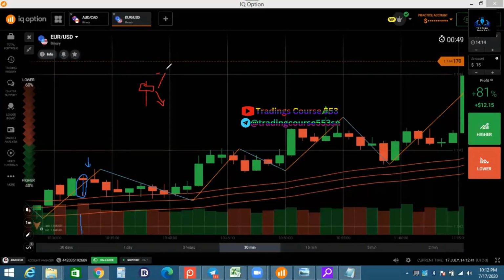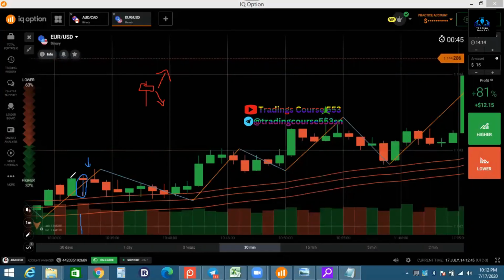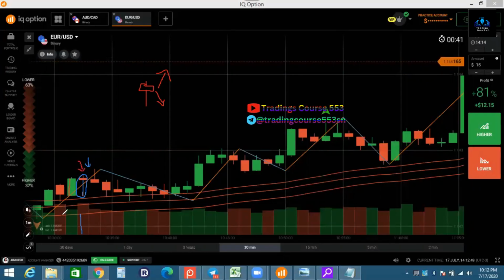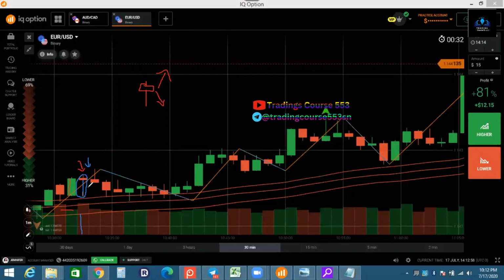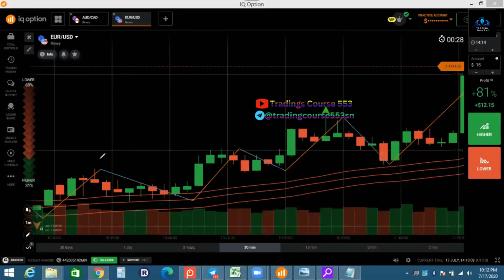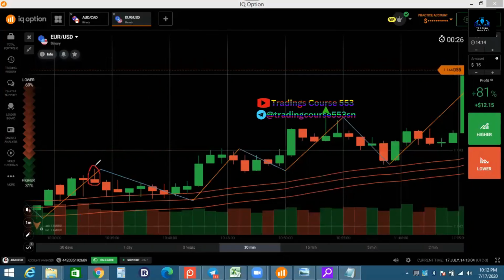Sometimes you will find this candle with low volume. That is a sign of going in the up direction. Why? Because when the buyers are getting weak, the sellers must be getting strong. Do you see the buyers are getting weak in this candle and the sellers are strong in this red candle with ultra high volume? So it's a sign of continuation. This candle shows the buying pressure.